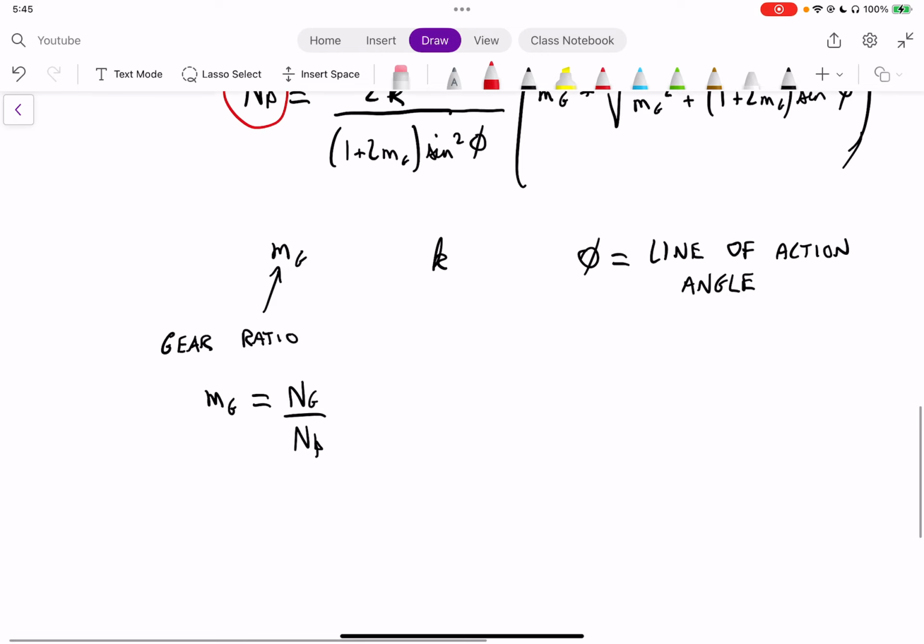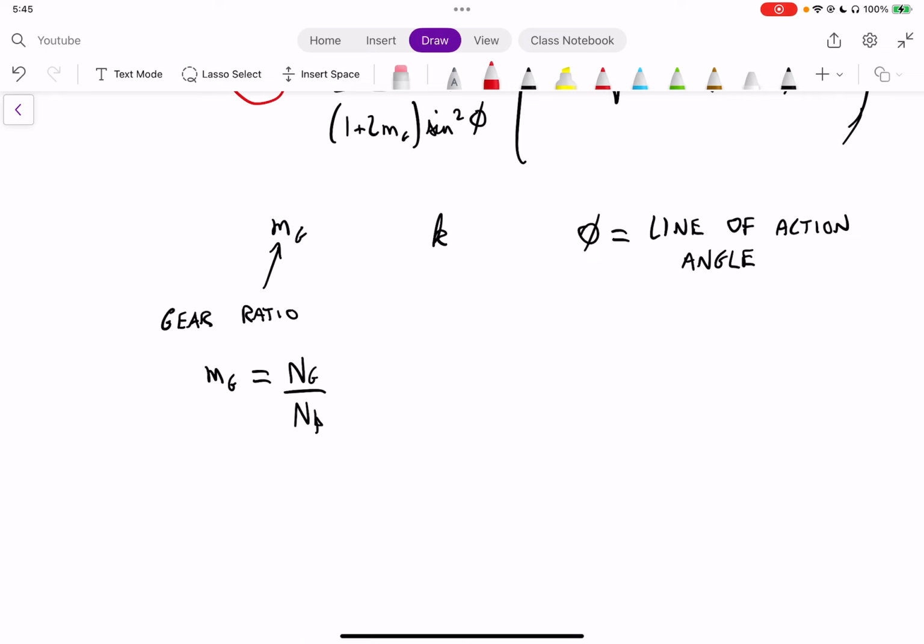And K is a correction factor for whether we have full depth teeth or what we call stub teeth, which would be teeth that are cut off. K is equal to 1 or 0.8.